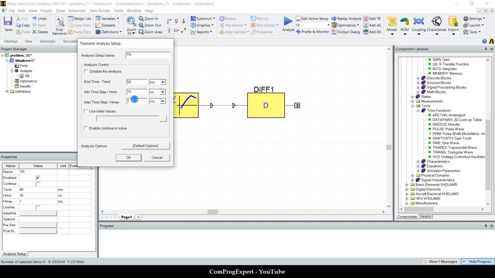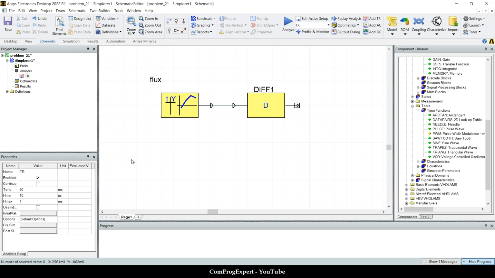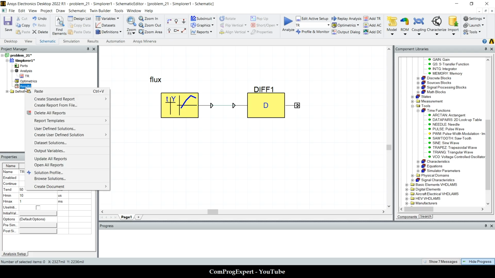We need to specify the minimum time step and maximum time step for the solver. Leave this as is, 10 microsecond for the minimum time step and 1 millisecond for the maximum. Now let's run this transient analysis. Then we can generate these graphs.